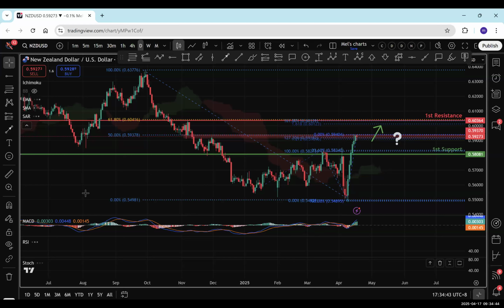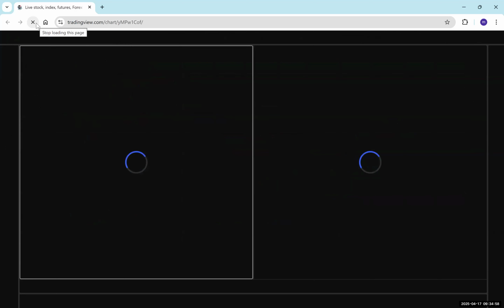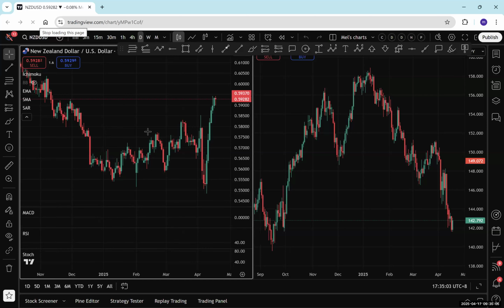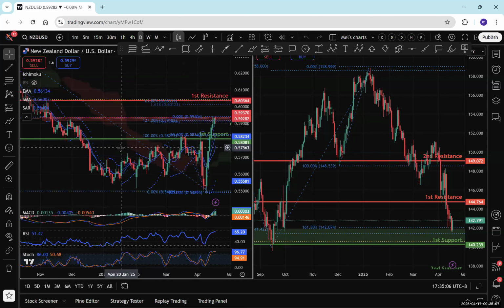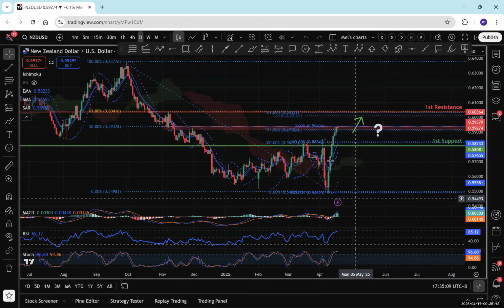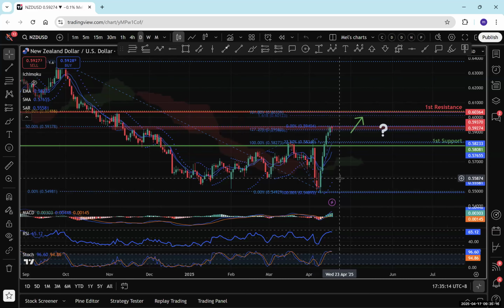No. Okay, let me refresh the page. Okay, it's working now. So prices, you can see, are moving above all three EMA, SMA, and parabolic SAR. So that's bullish as well.